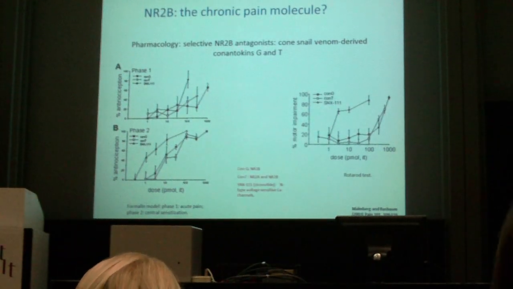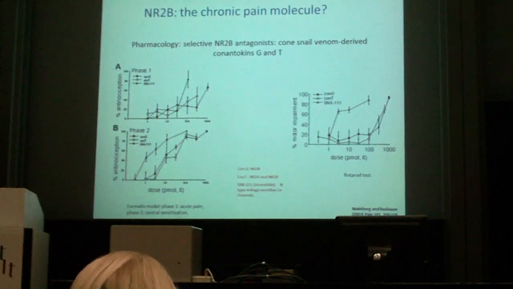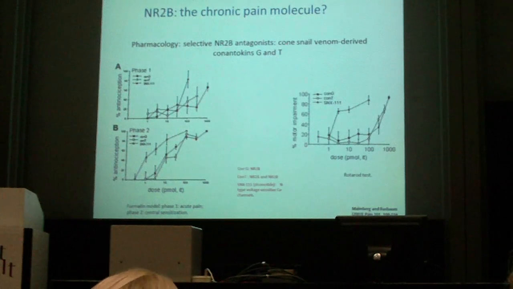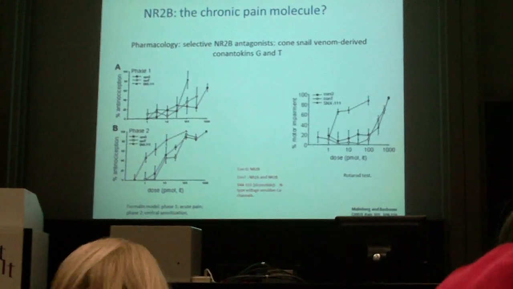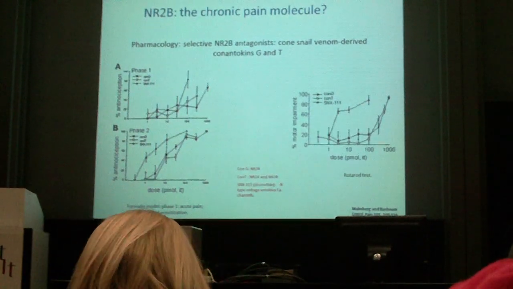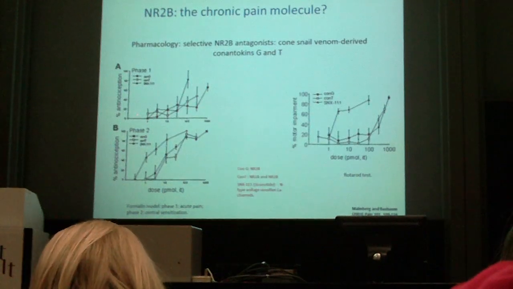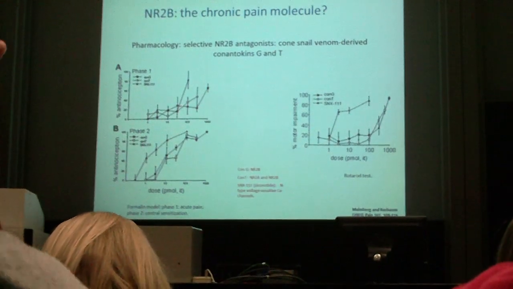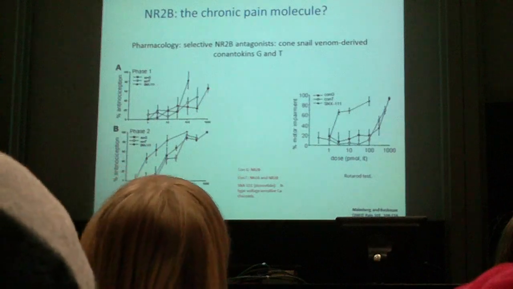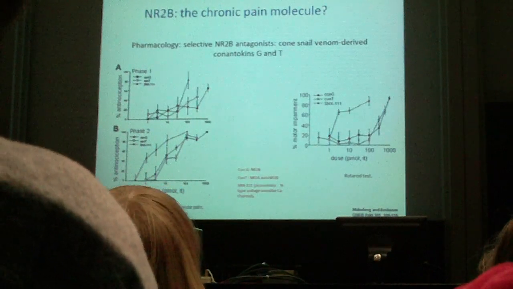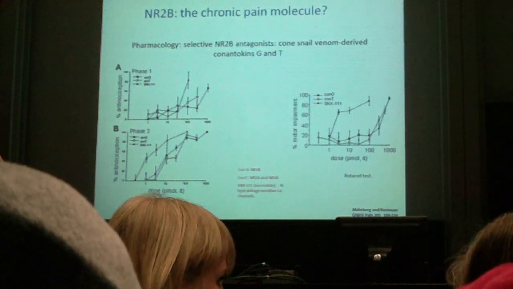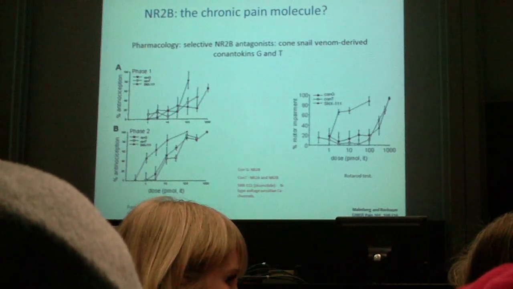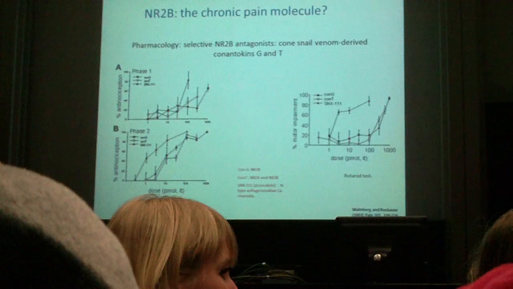Here, what they did is they used selective NR2B antagonists. And by using this, you see a dose-dependent increase in antinociception, so the drugs do work on pain in these animals. Animals become more antinociceptive, anti-pain, so they feel less pain.